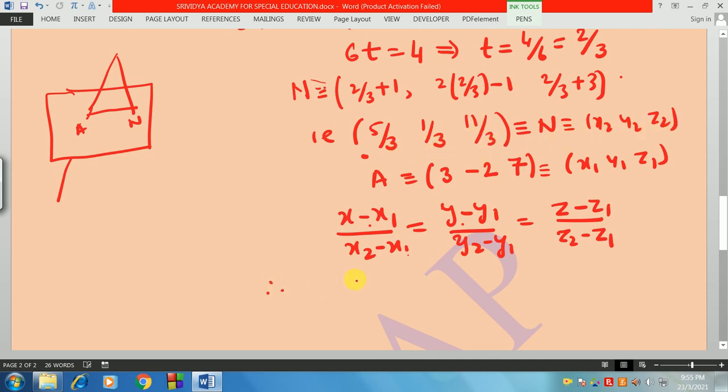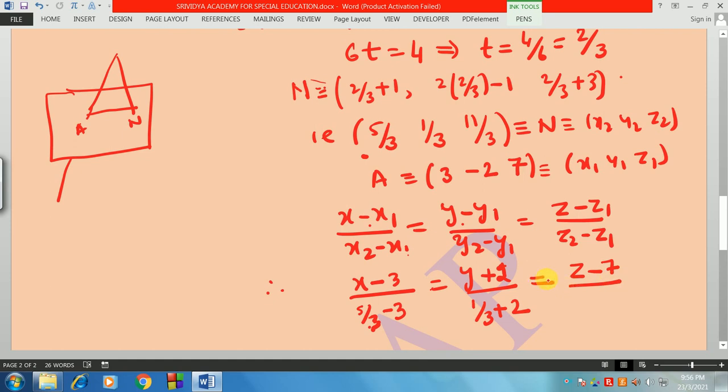Therefore (x minus 3) by (5 by 3 minus 3) is equal to (y minus (-2)), that is y plus 2, by (1 by 3 plus 2), which is equal to (z minus 7) by (11 by 3 minus 7).